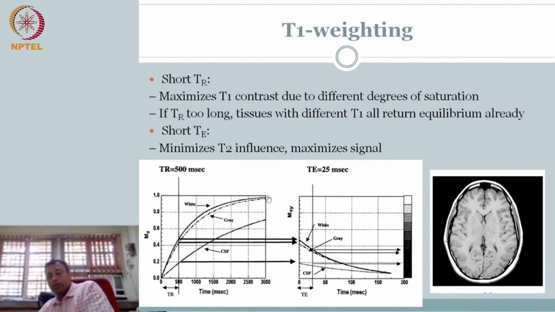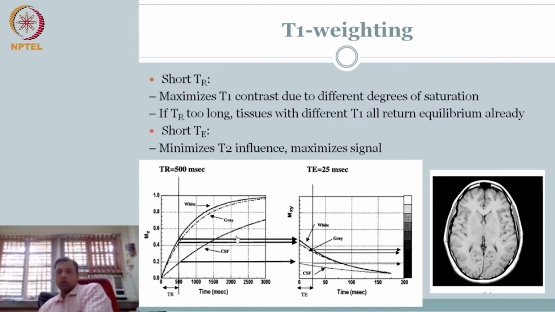If I waited, I would get the maximum signal, but I'm stopping in between, so I have some signal. I start from that location and allow it to go down, but I don't allow it to go down too much because then it's T2. So I wait and, with whatever short TE is possible, I take the signal. Now I will be able to differentiate based on T1: white matter, gray matter, CSF.